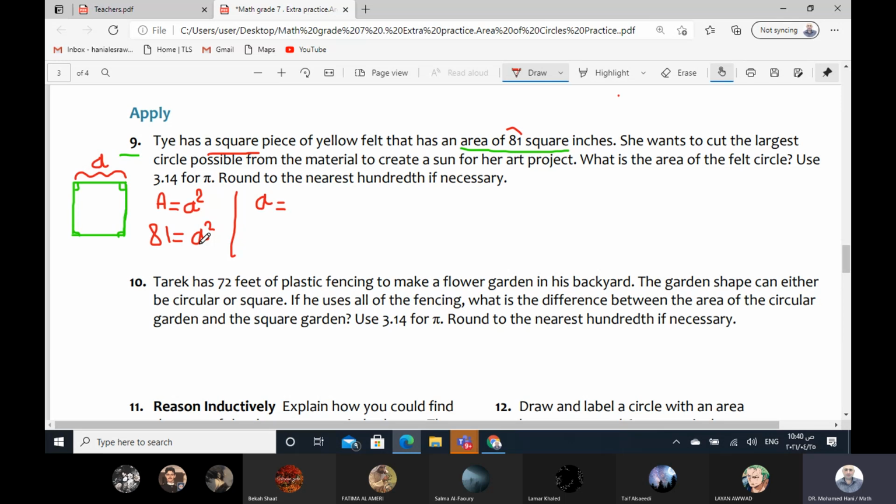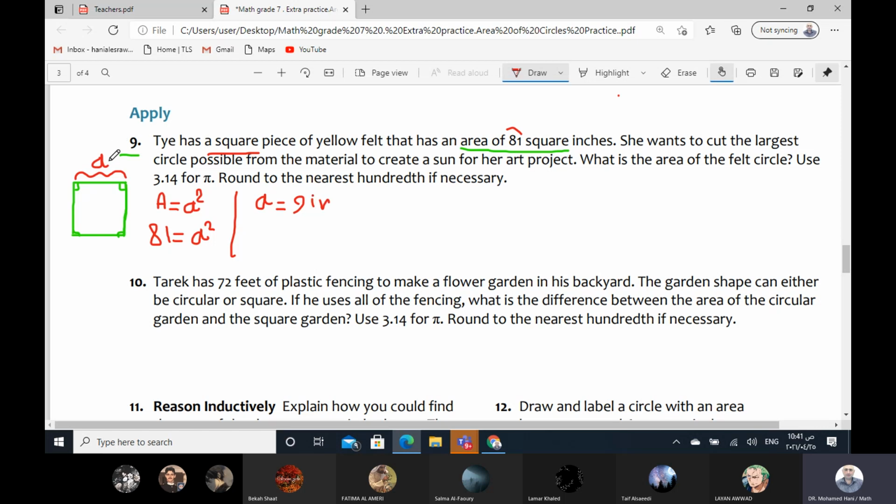Which number, if we square this number, will be 81? Who can tell me? Give me a number that I multiply by itself to give the answer 81. Excellent. So a equal 9 inch.